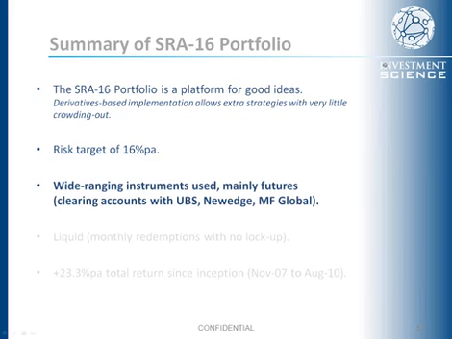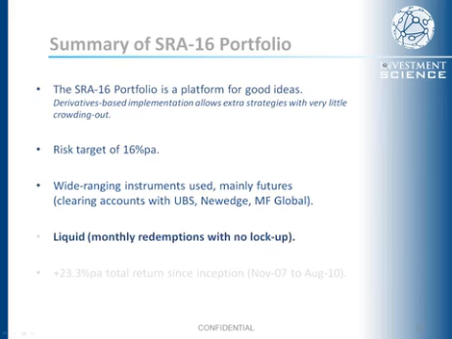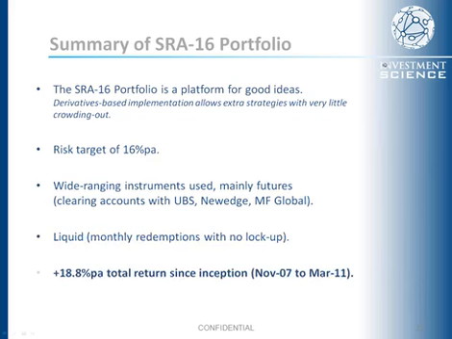So we're aiming for a risk target of 16%. That's obvious. That's in the name. We have a wide range of instruments used. There's a list that I'll show later on, mainly futures contracts. So it's a similar instrument universe to the commodity trading advisors AHL, Winton, OMIP, etc., and BlackRock Asset Allocation Alpha.